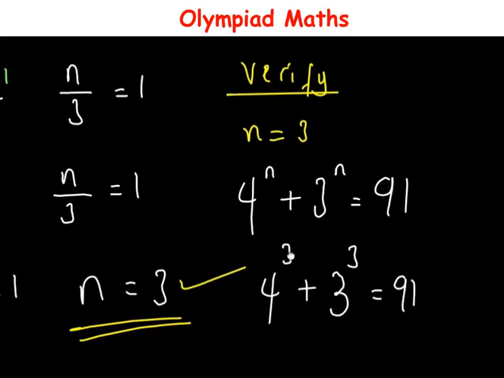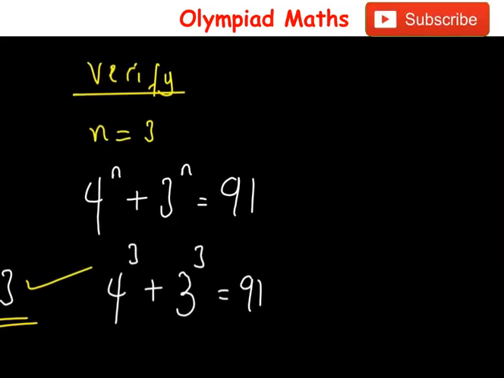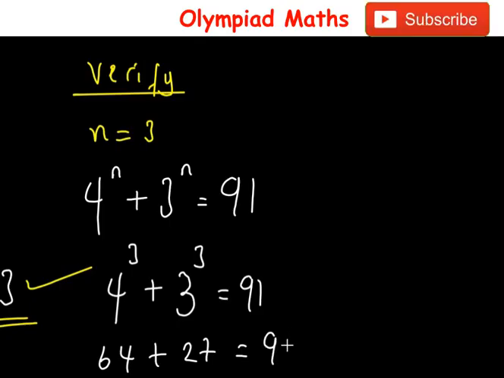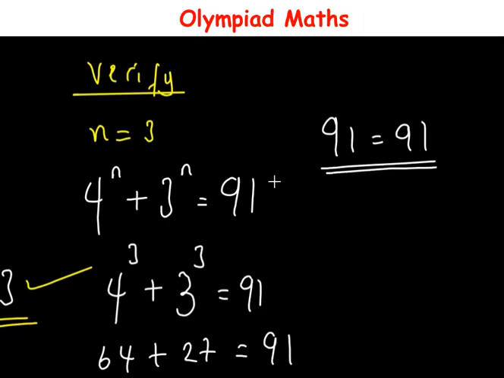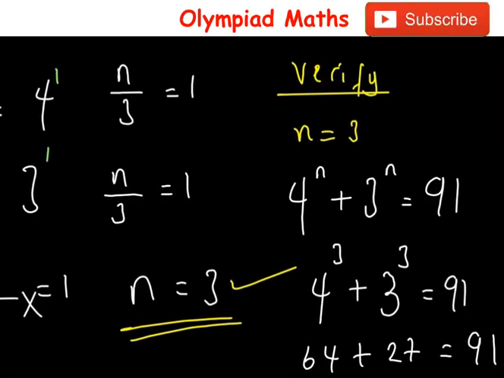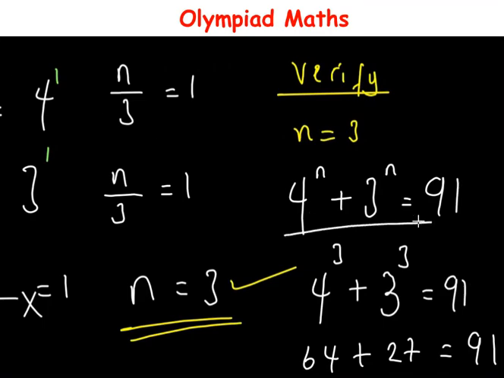And from here, 4 raised to power 3 equals 64, plus 3 raised to power 3 is 27, equals 91. 64 plus 27 is 91, which equals 91. Since they're equal to each other, this means that the value of n that we got as 3 is the correct solution for the given question.